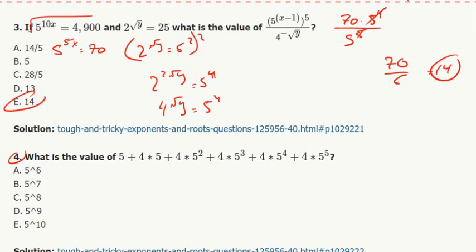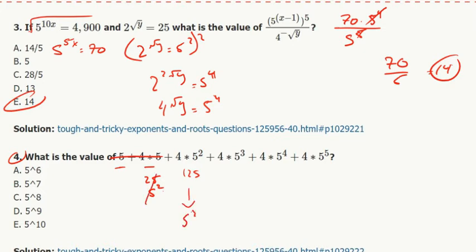For this one, if I take out a 5 like I do with the same base being added or subtracted, I realize I still have a mess in parentheses. So let me go back and just start to do this math and look for a pattern. 5 plus 20 is 25, which is 5 squared so far. If I add that to 4 times 25, which is 100, plus the previous 25 is 125 so far, which is 5 cubed.